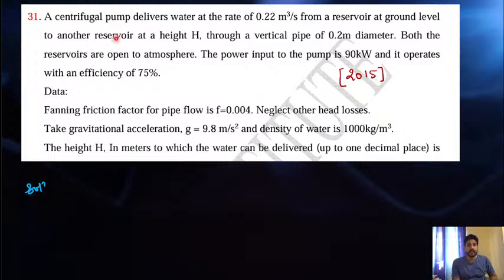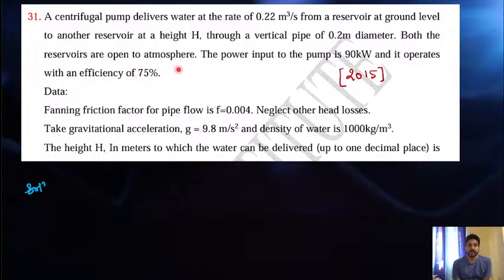A centrifugal pump delivers water at the rate of 0.22, meaning we have the discharge from a reservoir at ground level to another reservoir at a height of H through a vertical pipe of 0.2 meter diameter. There is no horizontal pipe here. Both the reservoirs are open to atmosphere. Power input to the pump, which is the shaft power, is 90 kilowatt and it operates with efficiency 75%.